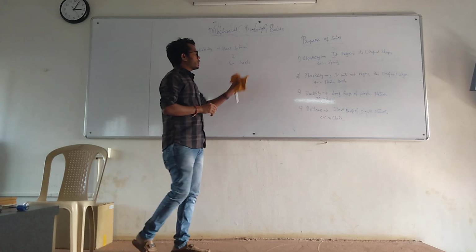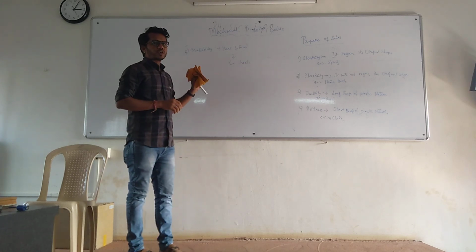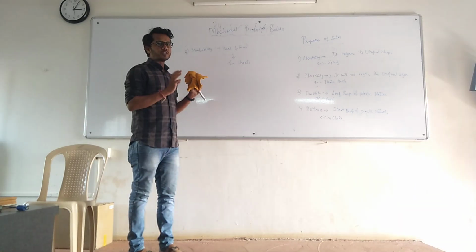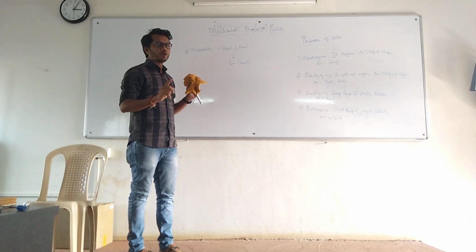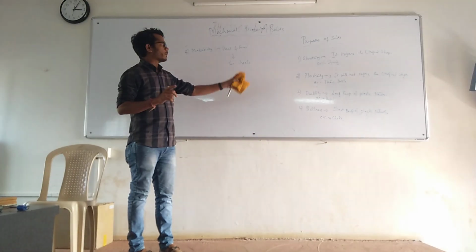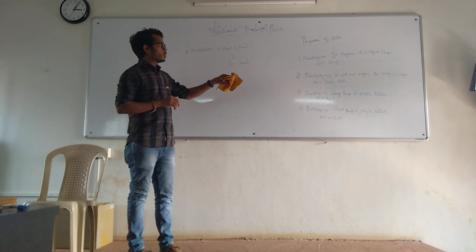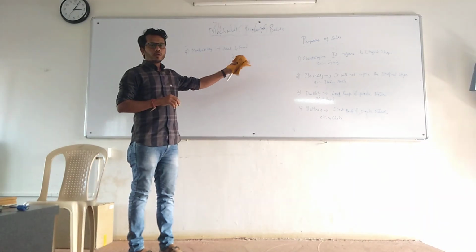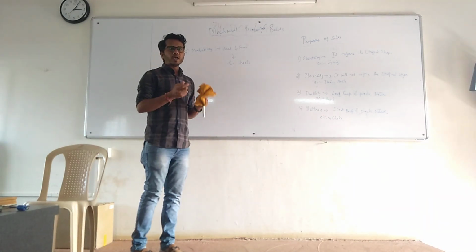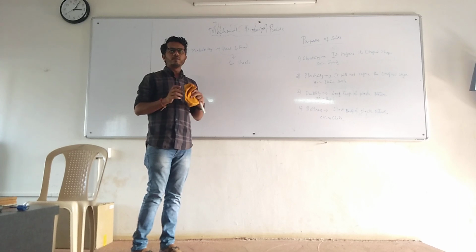So till now we have discussed what a solid is, which has a definite shape, size and volume, and some of the properties of solids. With the help of these properties, we can use solids for different applications.